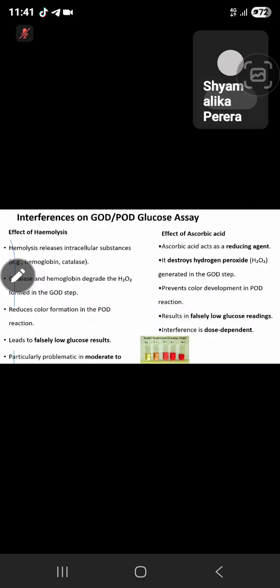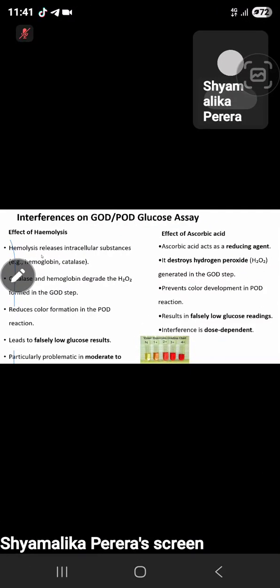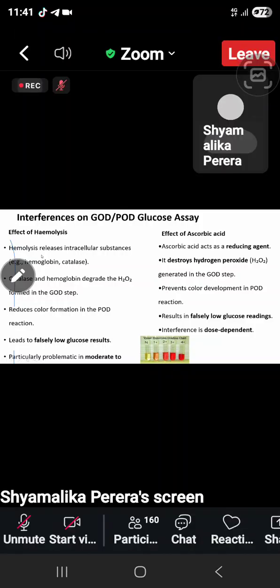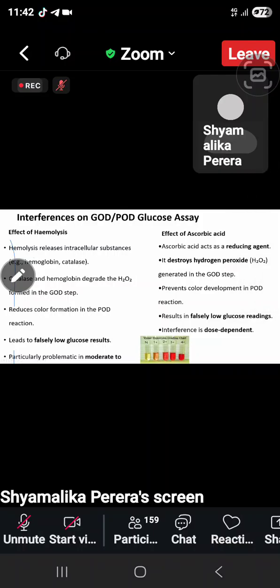So these are the interferences. I selected these: hemolysis, icteric and lipemic. If the red cells are damaged, they will release intracellular substances into the plasma.